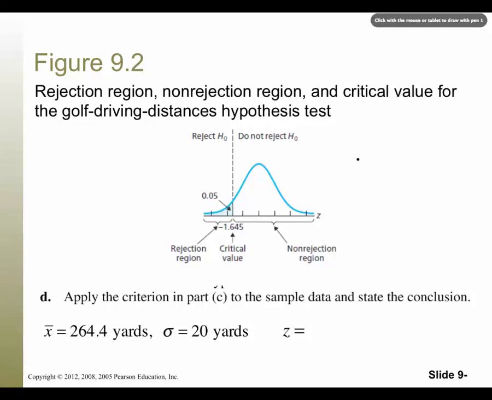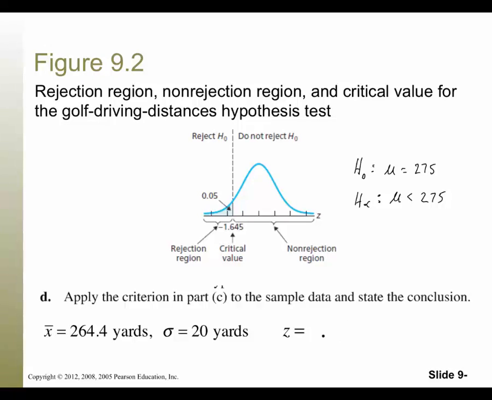Our null hypothesis was that he can drive it 275 yards. Alternative hypothesis, his friend says, no, you can't. The implication there was that your true mean driving distance is less than 275.